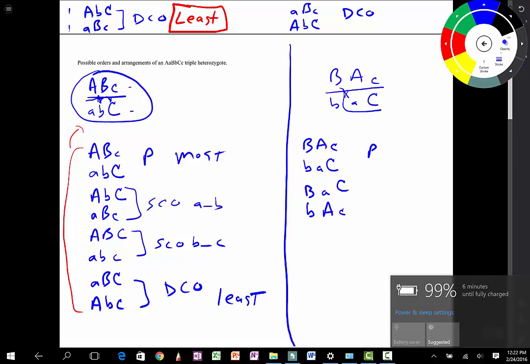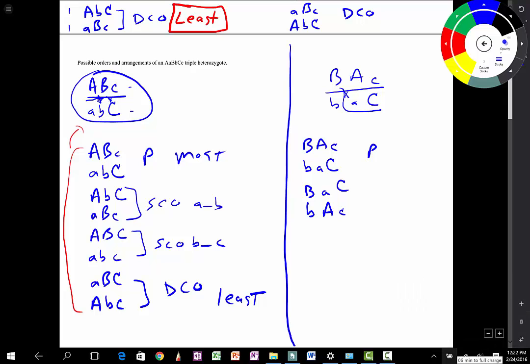If we get a single crossover here, now we're going to have big B, big A, big C, and little b, little a, little c.